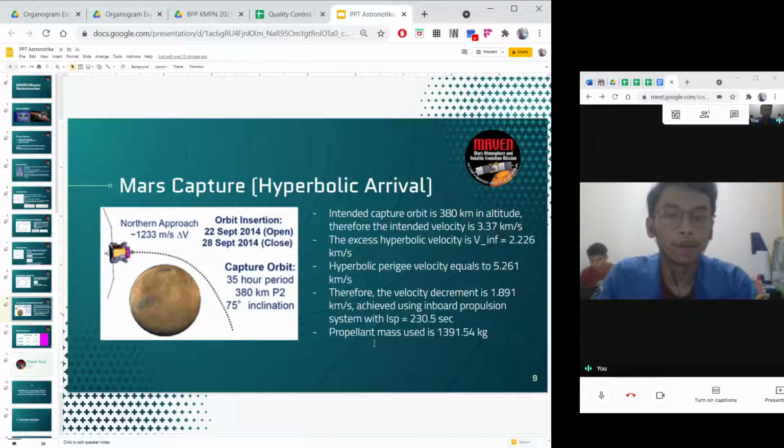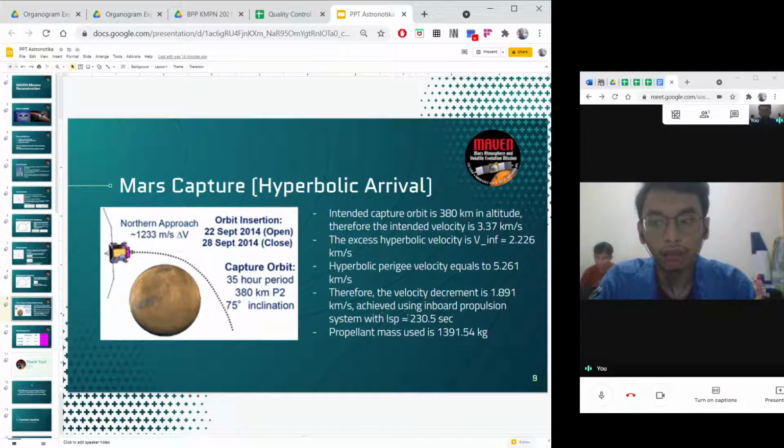By using the hyperbolic formula, we obtain the hyperbolic perigee velocity equal to 5.26 km per second. Therefore, the velocity decrement that we have to achieve is around 1.9 km per second. By achieving that using the onboard propulsion system with a specific impulse of 130 seconds, we need to use a propellant mass of 1,400 kilograms.